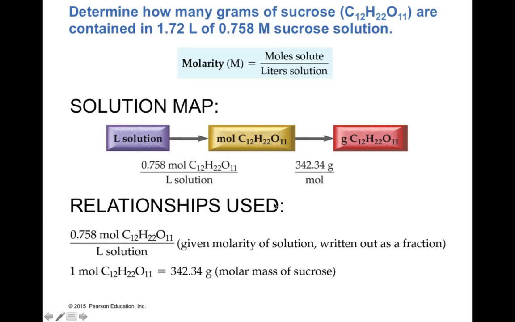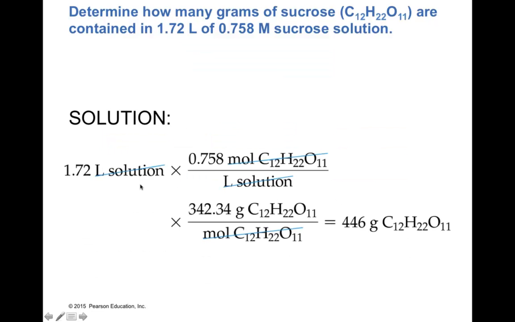Okay, so here, as I mentioned before, this one will be equal to the moles, basically, when you multiply the molarity times the liters, and then the moles you multiply also by the molar mass of the sucrose, and you will obtain the mass of sucrose. So the volume times the molarity, 0.758. Remember, molarity is equal to the moles of the solid divided by the liters of solution.